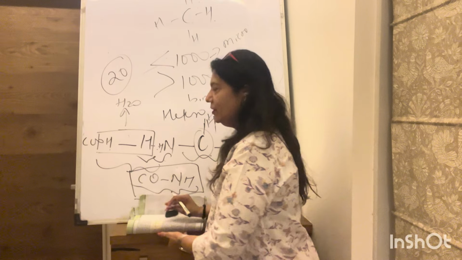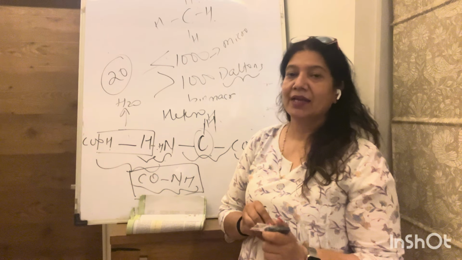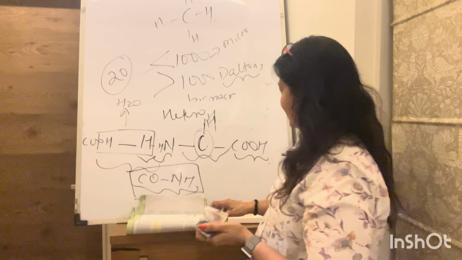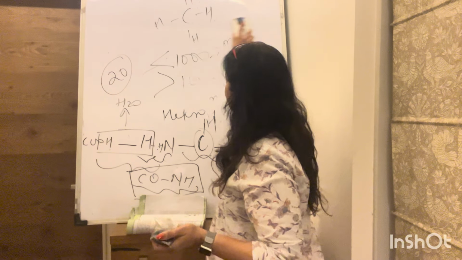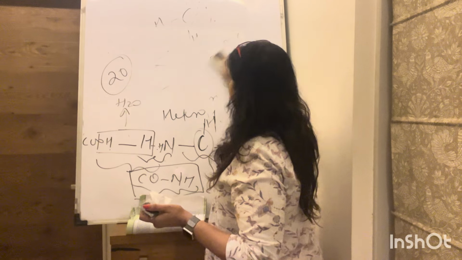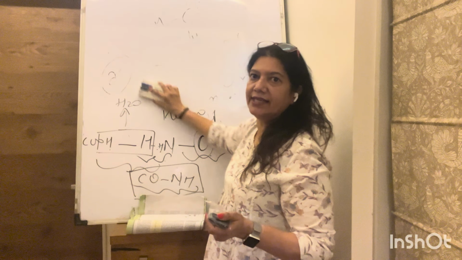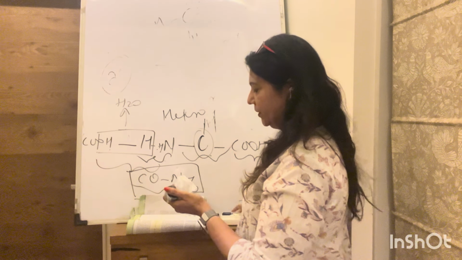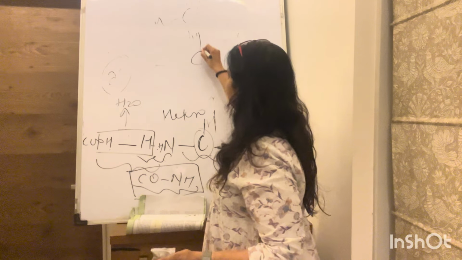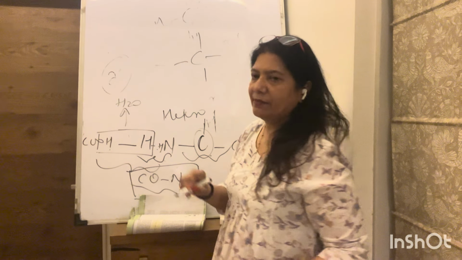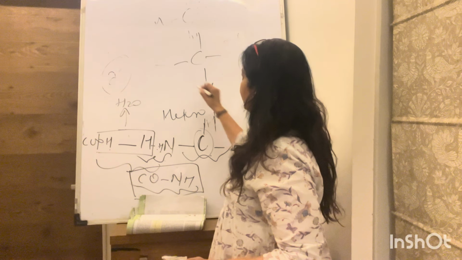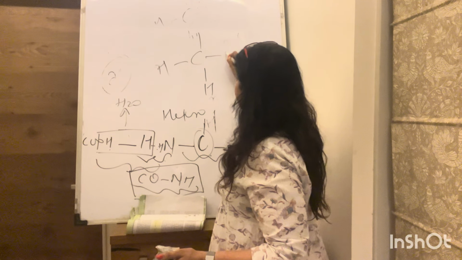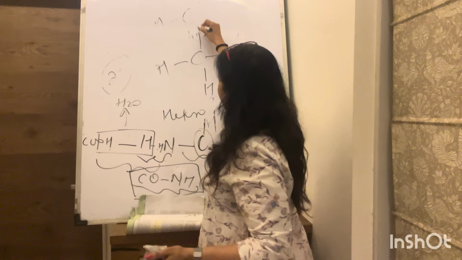So what are amino acids? They are basically substituted methanes. When you read the structure of amino acids as given in the NCERT textbook, they are substituted methanes. Methane: carbon has valency 4. There is one H here, one H here, a COOH here and NH2 here.